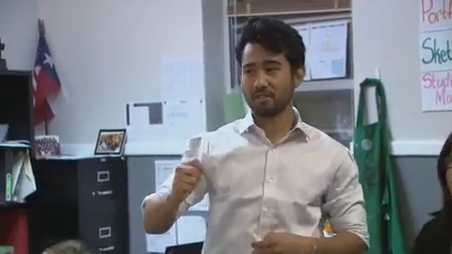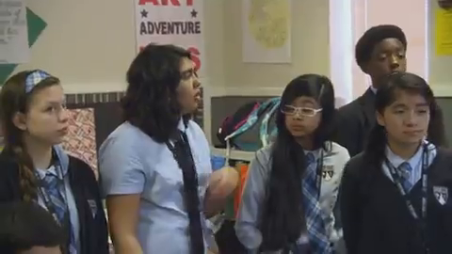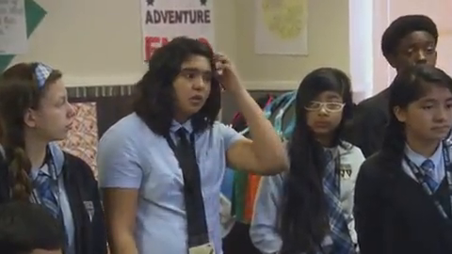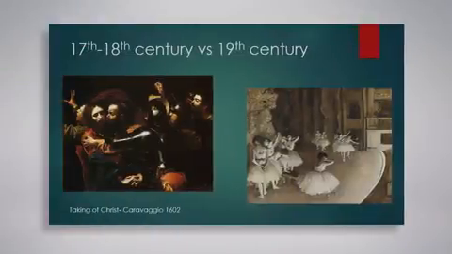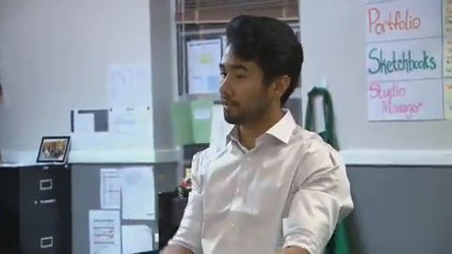Paula, you want to take a chance? Mostly artwork in the 19th century would be realistic or about something that isn't really important in main life. Yes. In the 19th century, we start to focus on common, everyday things like ballerinas, somebody's mom, something more personal.